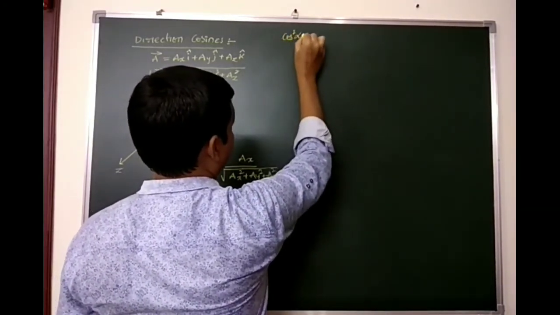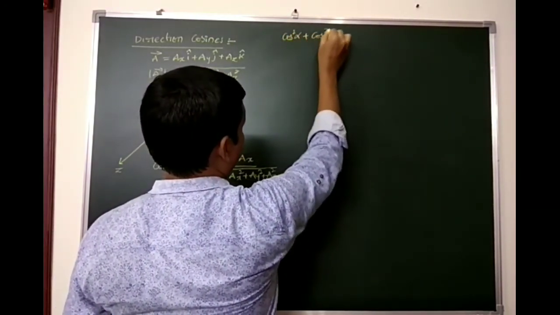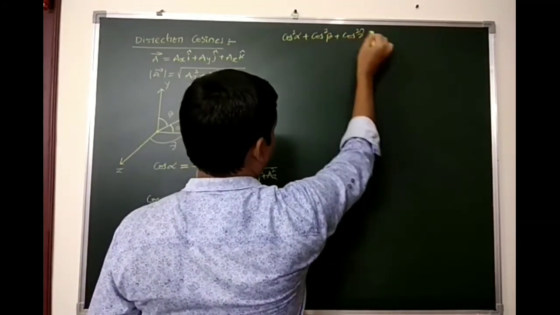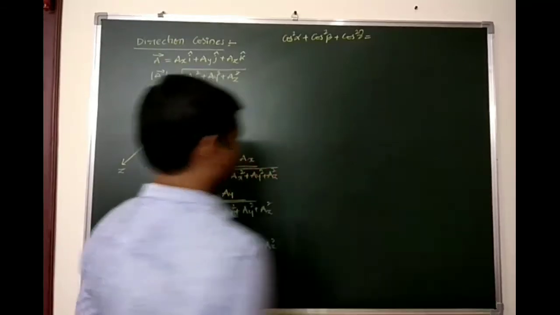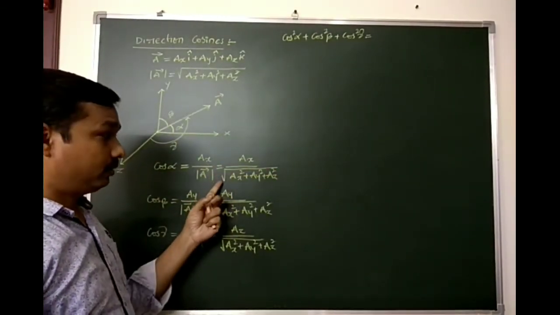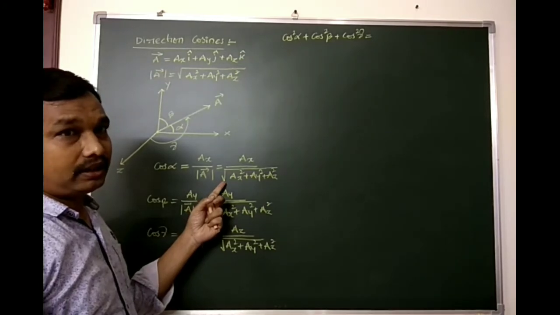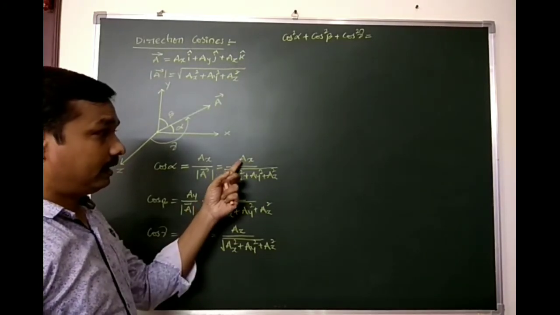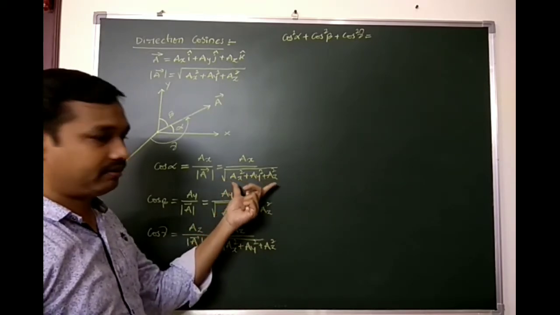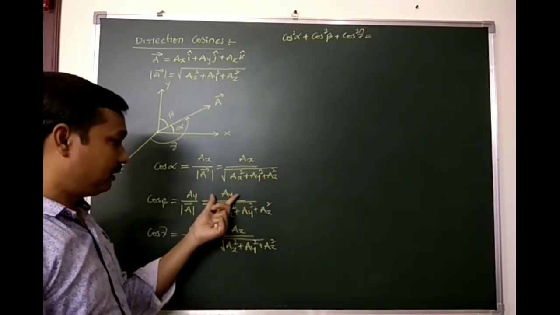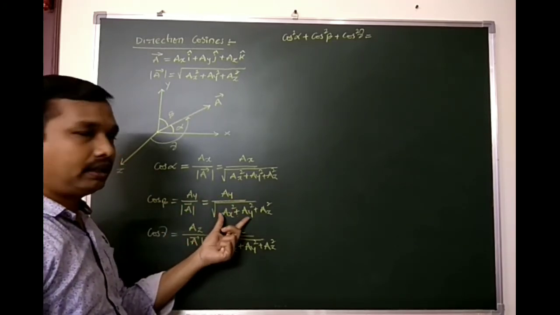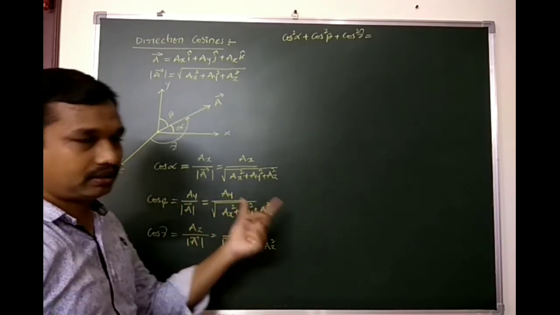Cos square alpha plus cos square beta plus cos square gamma is equal to Ax square, where the square and root cancel, divided by the remaining term, Ax square plus Ay square plus Az square. Similarly, cos square beta is Ay square divided by Ax square plus Ay square plus Az square.